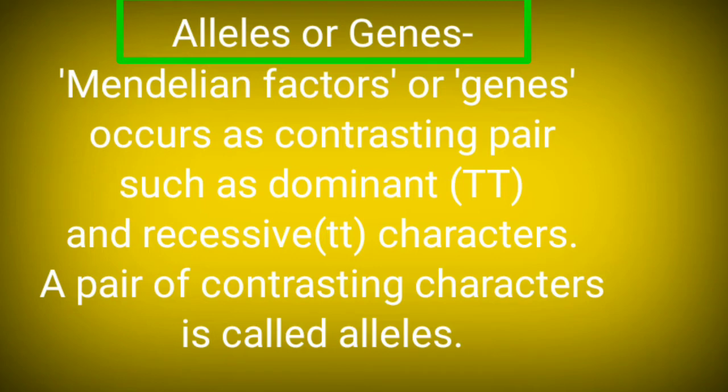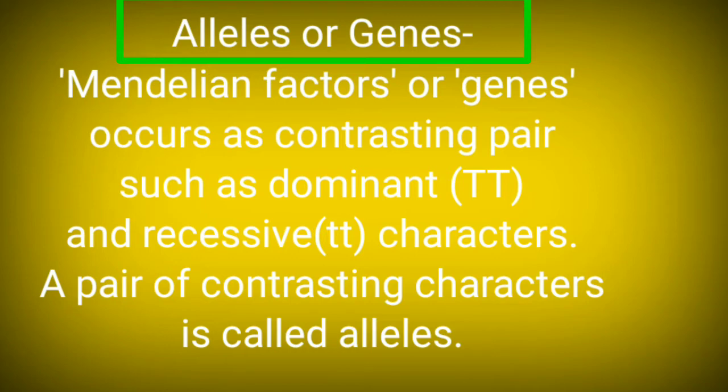If it is a capital letter, then we consider that as the dominant allele, and if it is in small letter, we consider that as recessive. As for example, capital T is the allele for the character tall, and small t is the allele for the character dwarfness, for the stem height of the pea plant that Mendel had used.